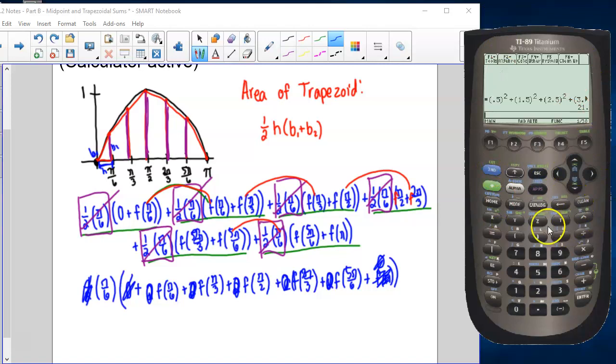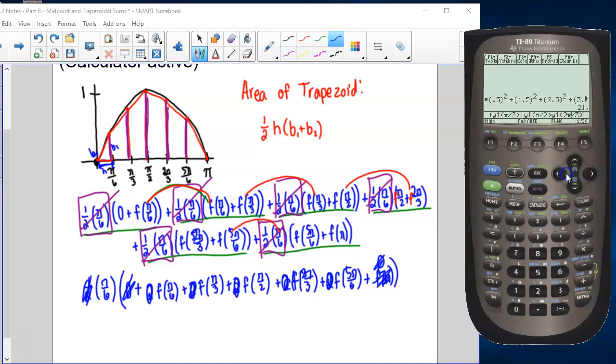I will use y1 this time. So we would have pi over 6 times, and then I'm going to do y1 of pi over 6 plus y1 of pi over 3 plus y1 of pi over 2 plus y1 of 2 pi over 3.